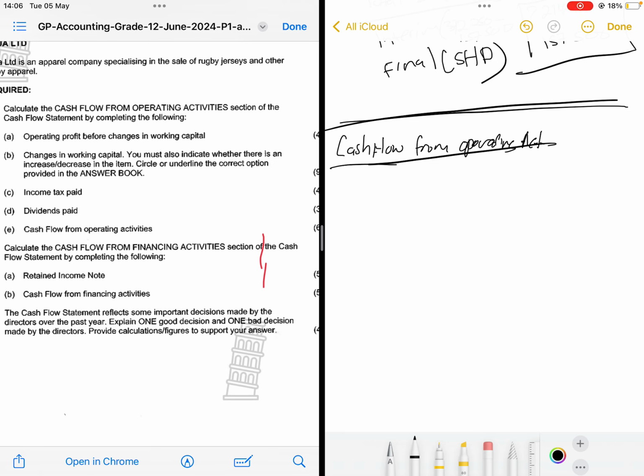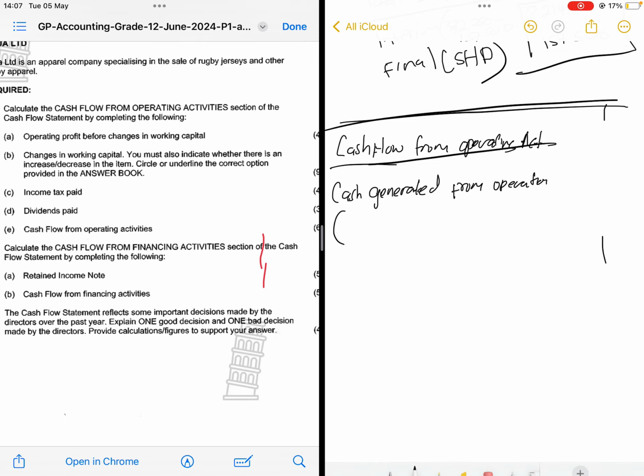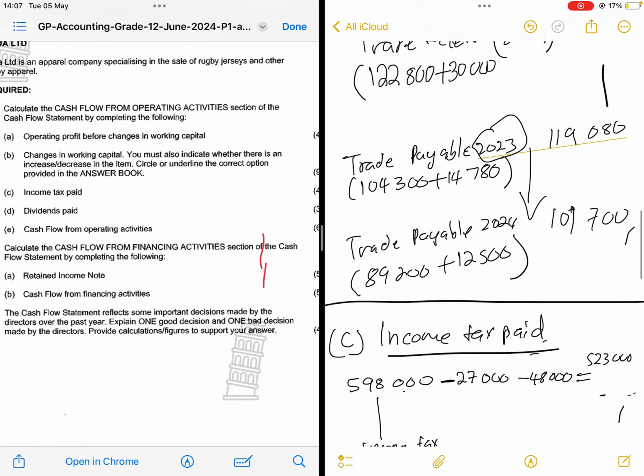I start with the cash generated from operation. So I will take the net profit before changes in working capital, which is number A.